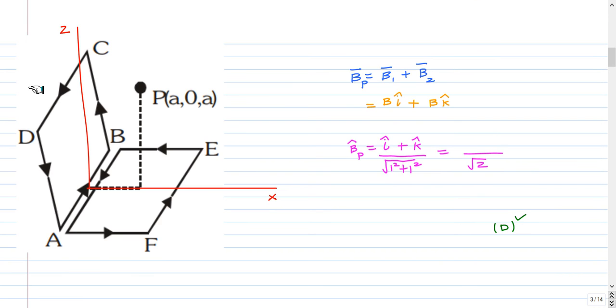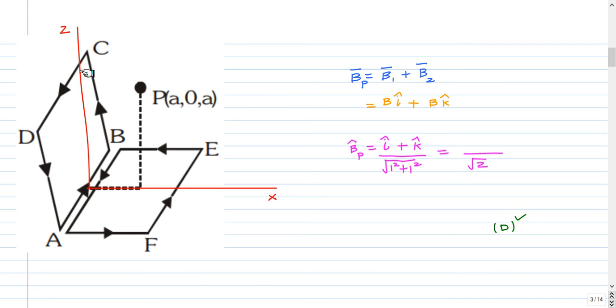So this loop can be thought of as made up of two loops. The current in this part is the sum of two currents in opposite directions, so it will add to give zero current. So the magnetic field due to this combination of two loops is the same as the magnetic field produced by the loop given in the question.